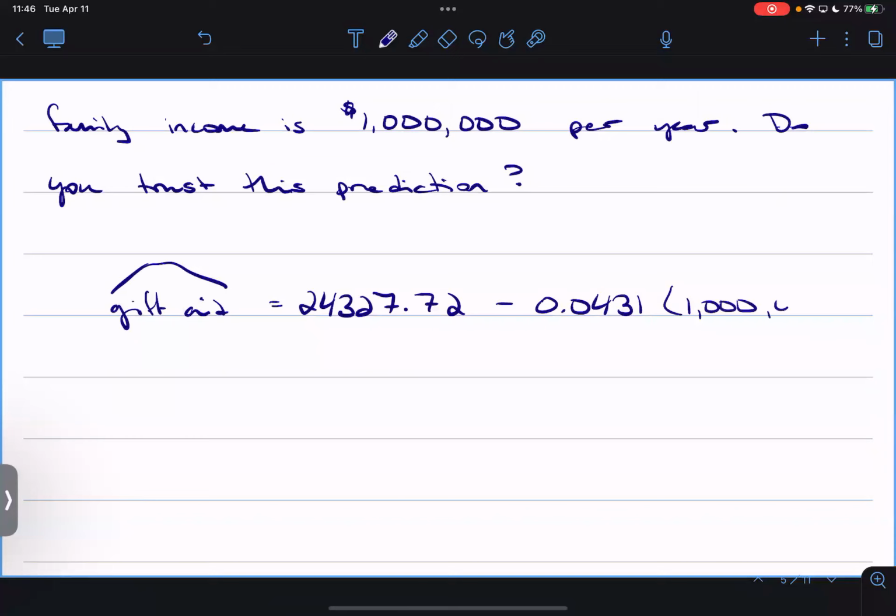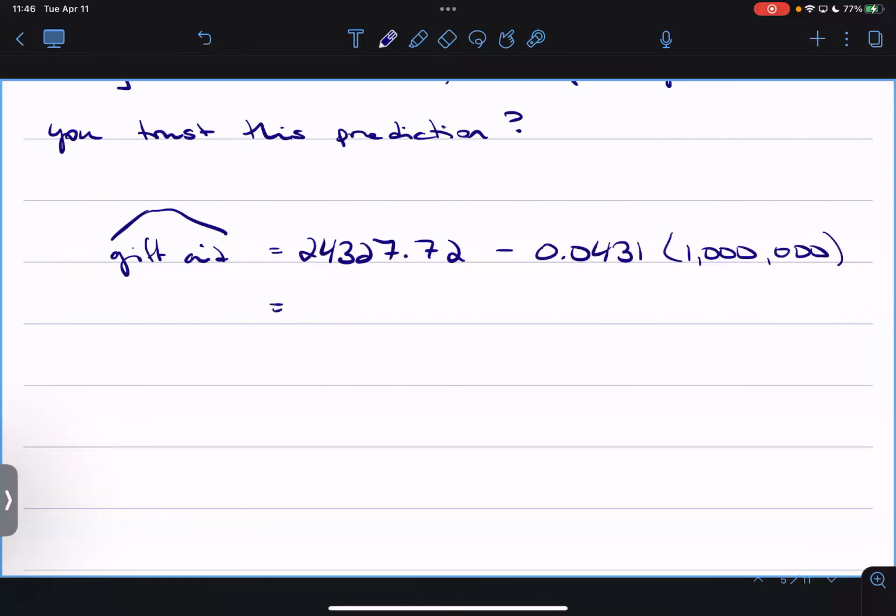Put in 1 million and see what we get. I get a predicted gift aid of negative 18,782 and 28 pennies. Although, like I said, I have non-rounded values in my work, so a little sloppy, I guess.